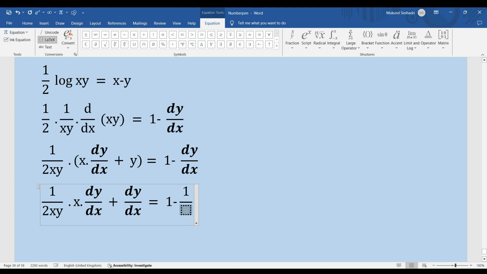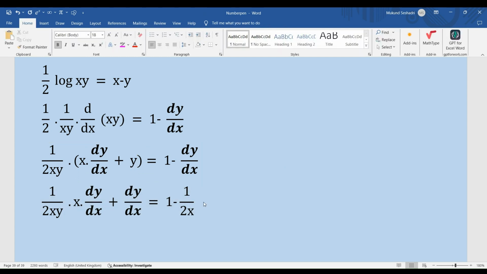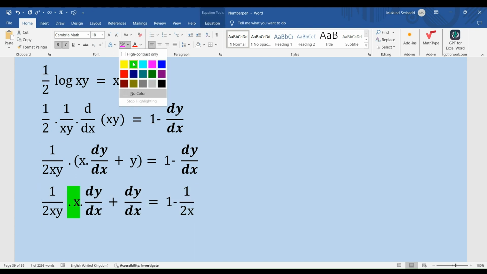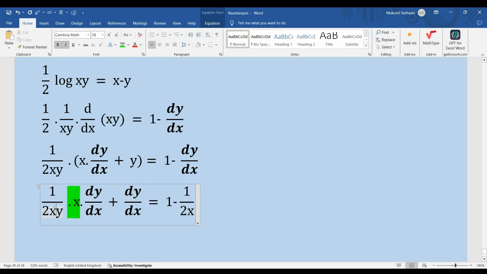And why is that? Because my y gets cancelled out. So this is what I have. And here again, my x gets cancelled out, right? I'm talking about the x here. Let me highlight it in green with the x here in the denominator, which is highlighted in yellow.